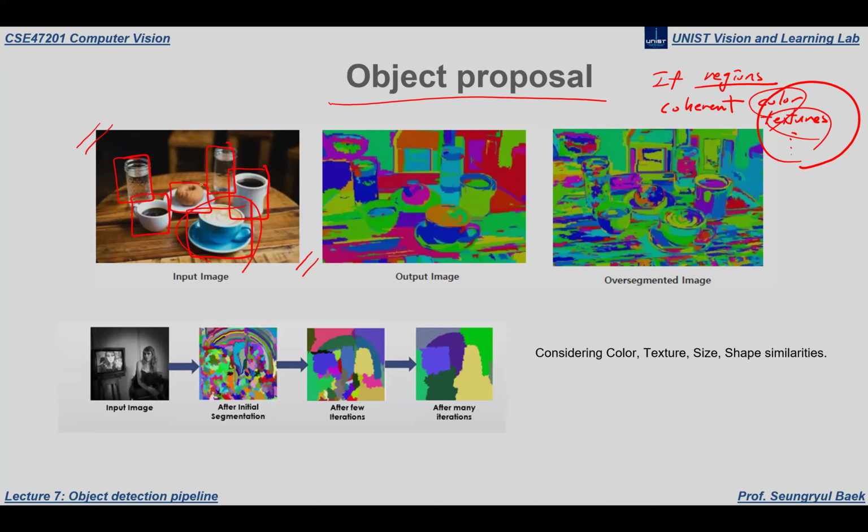So using this type of prior information, the selective search algorithm first applies clustering, color clustering, or anyways, feature clustering, texture clustering, on their pixel features. And these two results are showing the clustered regions.